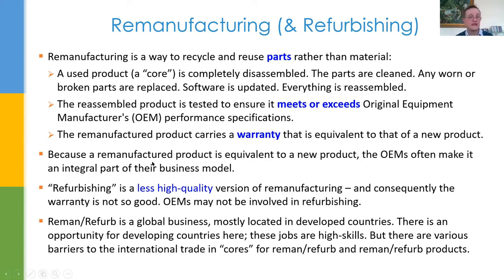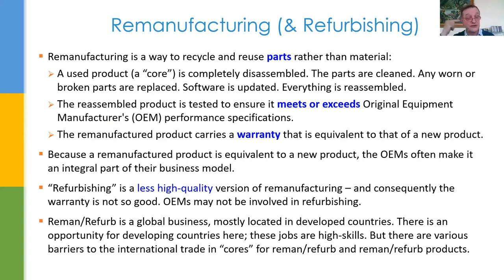Now, refurbishing and reconditioning, there are various terms floating around here, and there's some confusion, I have to say. Refurbishing is a lower quality version of remanufacturing, and consequently the warranty is generally not so good, and the OEMs will often not be involved in refurbishing. Again, remanufacturing and refurbishing are global businesses, mostly at the moment located in developed countries.